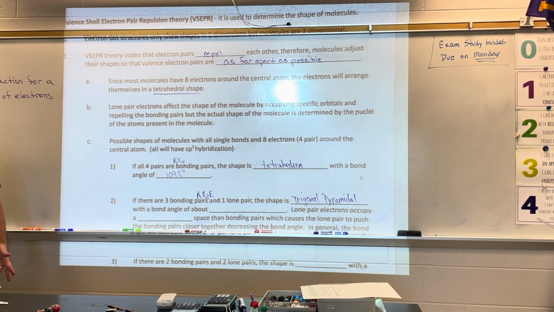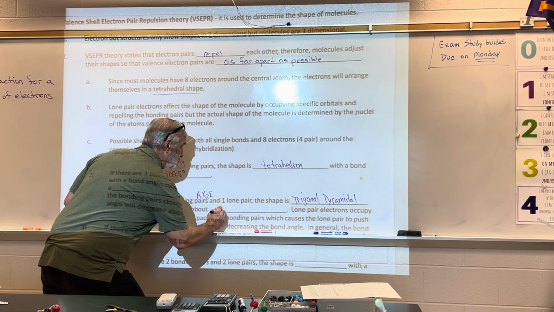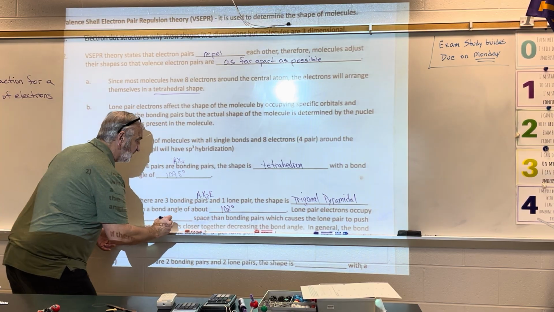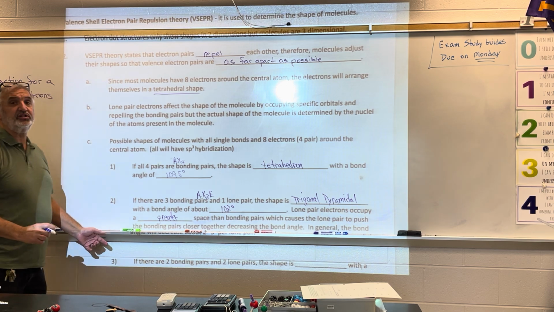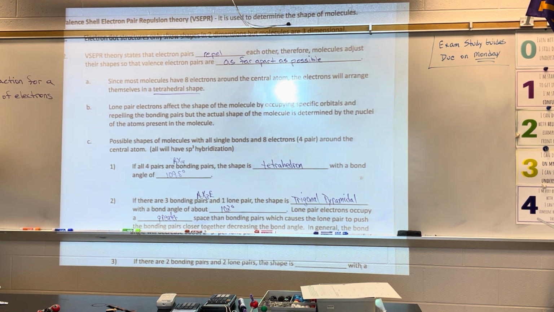About what? 107. Around 107. Why? They're closer together. Because lone pair makes them occupy a greater space. Okay, it's around about 107. Because lone pairs occupy a greater space than bonding pairs. There's more electron-electron repulsion, which causes the bond angles to be decreased by about 2 to 3 degrees per lone pair.